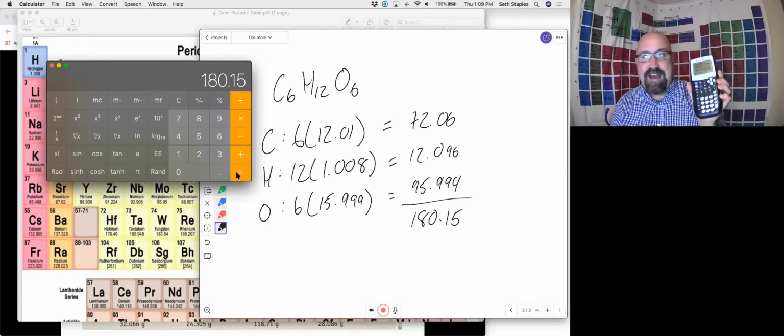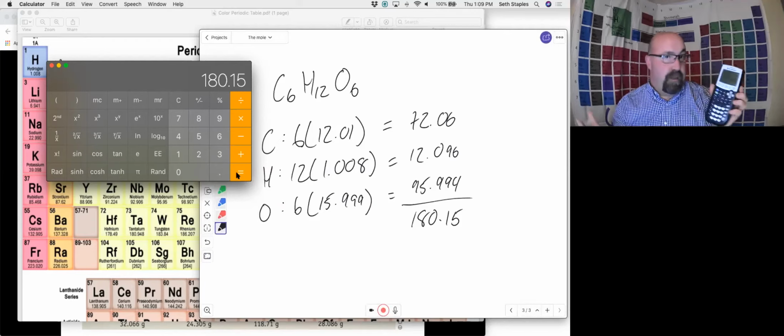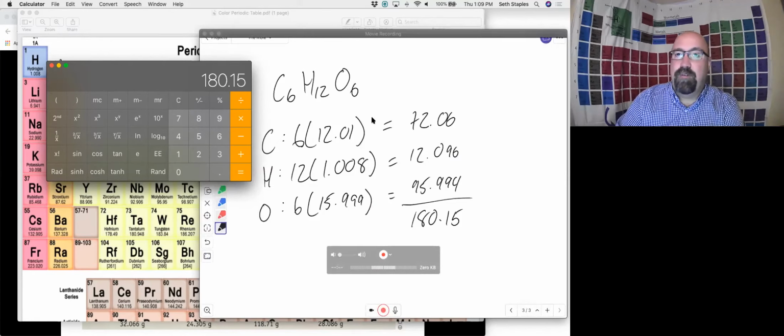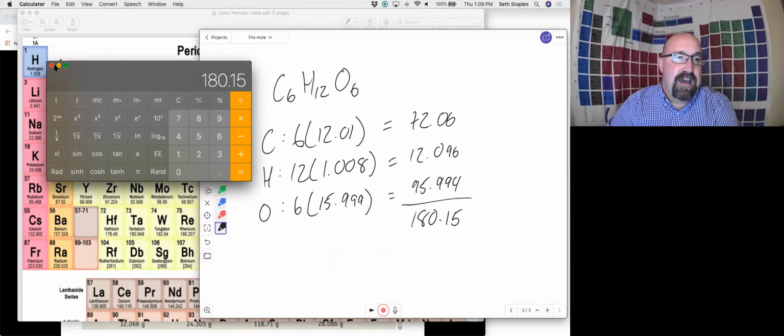Especially if you have a TI calculator, one like this, and you can actually see all of it as you type it in, then you can certainly do it like that. Or you can just do them all out separately like I did here, and then add them up. Either way, it's going to come out the same, whatever you're more comfortable with in how you use your calculator.